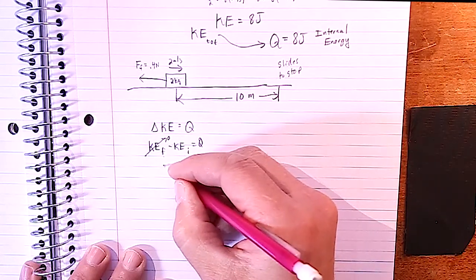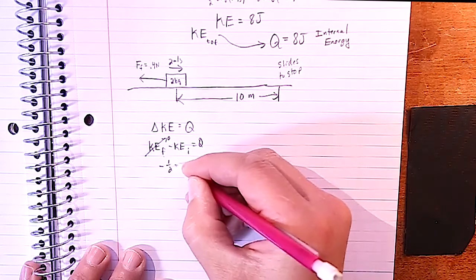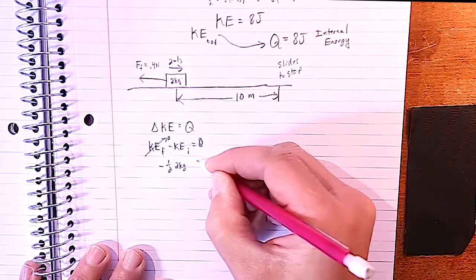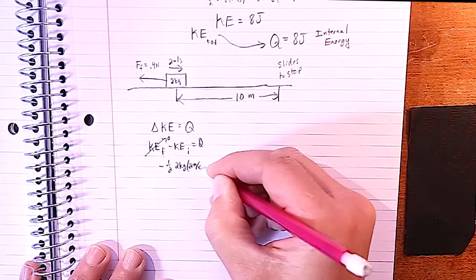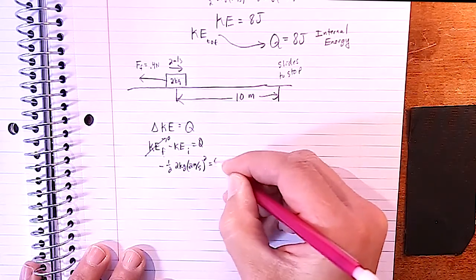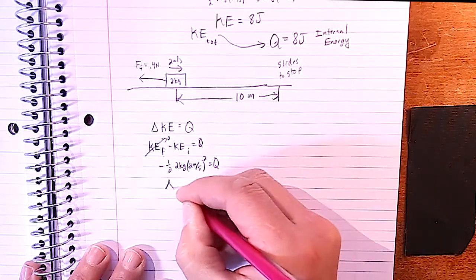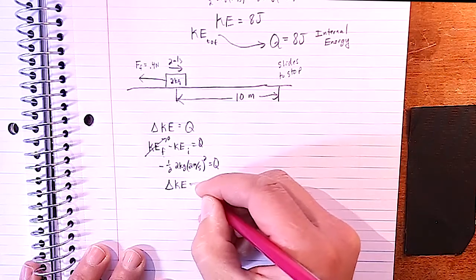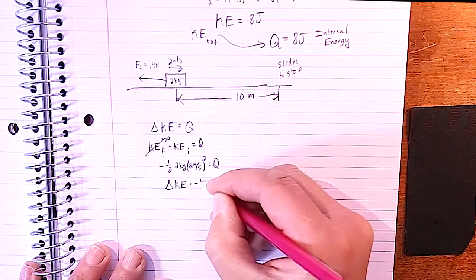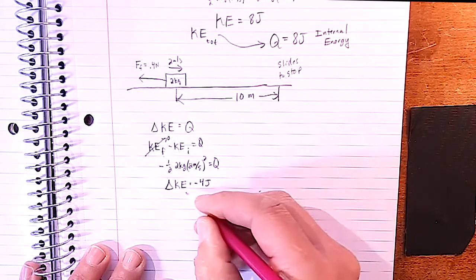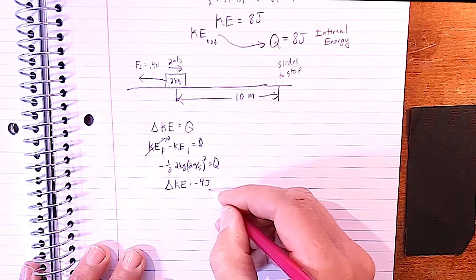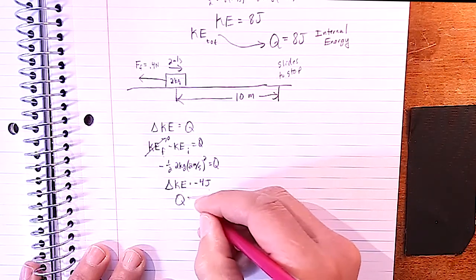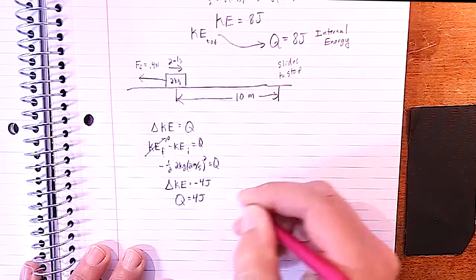So we have a minus 1/2 times 2 kilograms times 2 meters per second squared is equal to our Q, or our change in kinetic energy is equal to minus 4 joules. So we lost 4 joules of kinetic energy, but we gained 4 joules of heat.